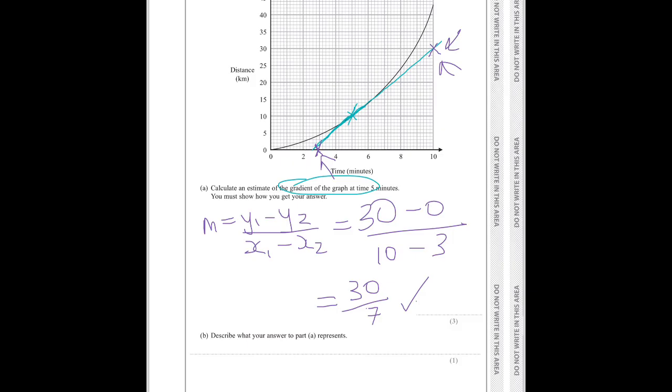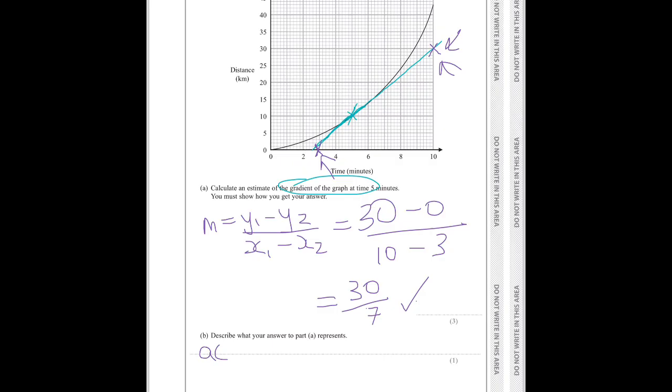And my answer to part A means the gradient is the acceleration. The difference in distance, hang on a moment, am I doing this right? So distance, hang on a minute.